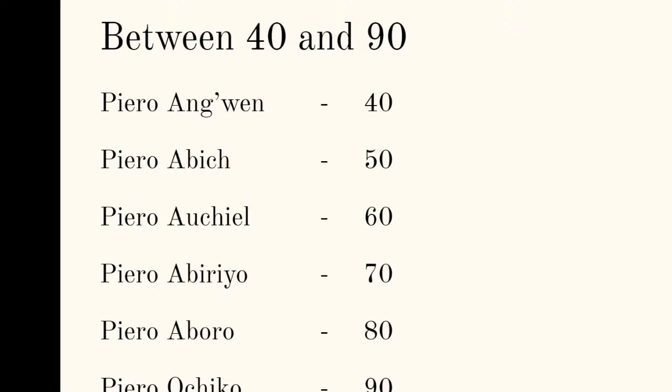So then the only things that change are the 40s, 50s, 60s, 70s, 80s, 90s, and now we go to 100. But now for 40 through to 90, we can just say Piero ang'wen, Piero abich, Piero auchiel, Piero abiriyo, Piero aboro, Piero ochiko.